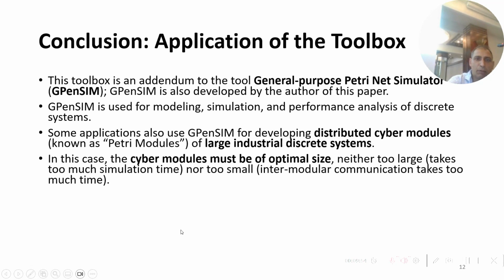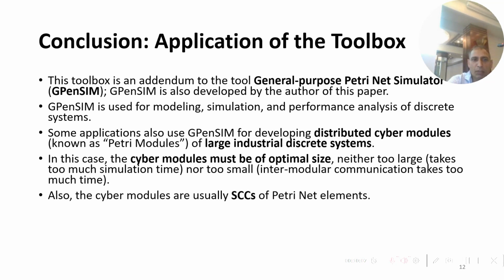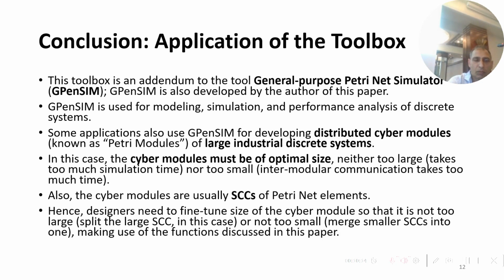In this case, the cyber module must be of optimal size, neither too large nor too small. Intermodular communication takes too much time. Also, the cyber modules are usually strongly connected components of Petri net elements.